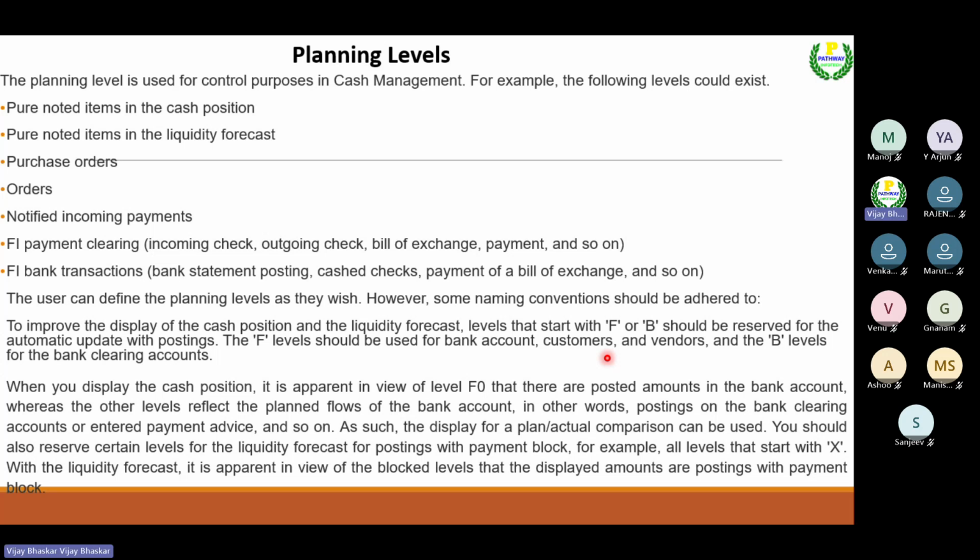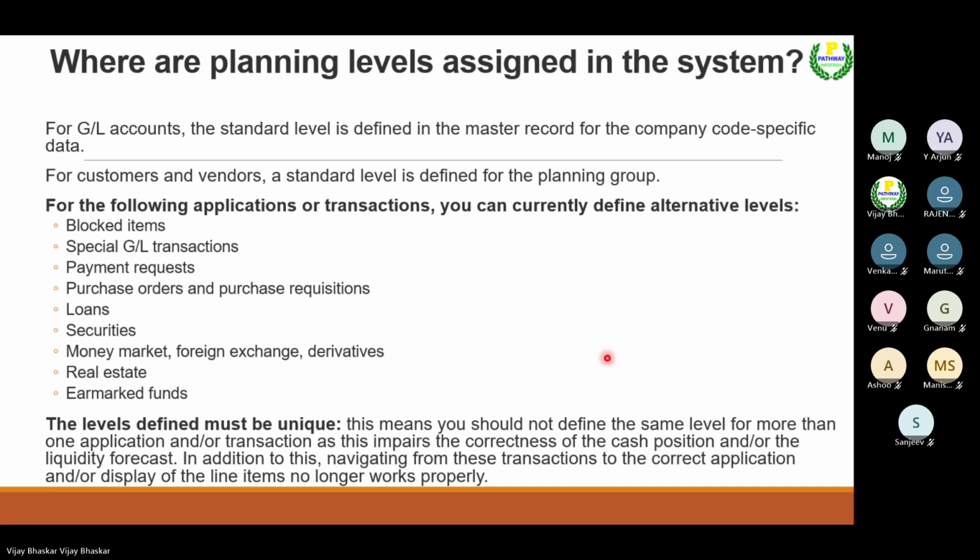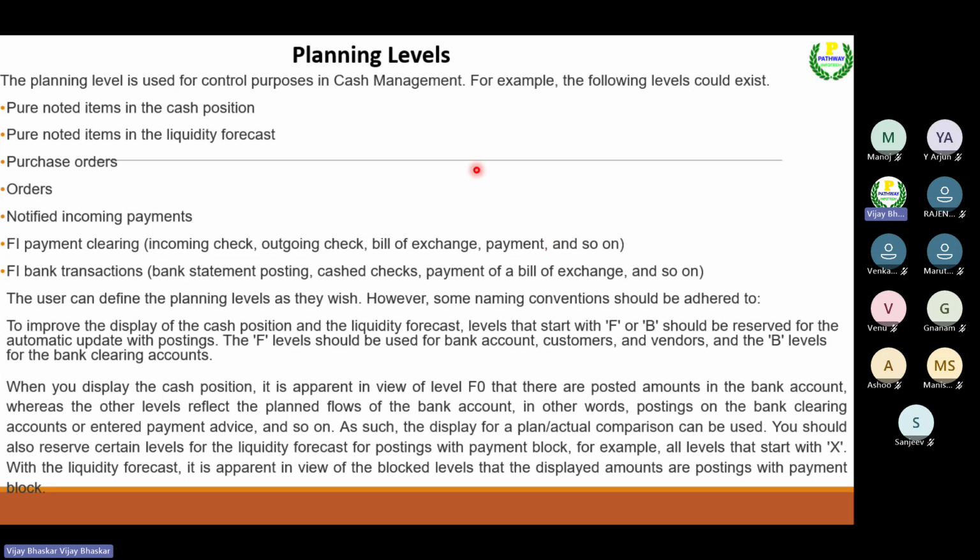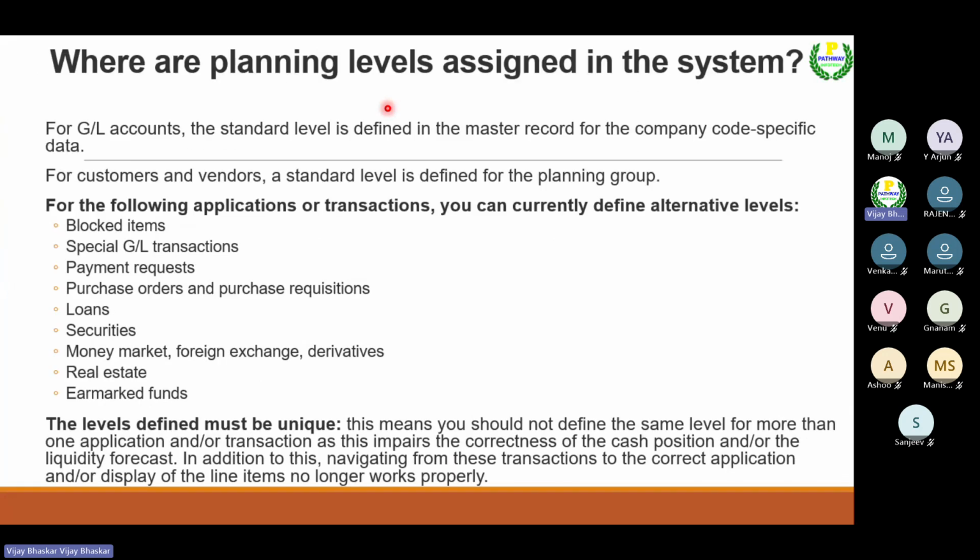Now, moving to the next slide. Where are planning levels assigned in the system? We were talking about planning levels, but how are the planning levels connected in the system, where can the mapping be done?